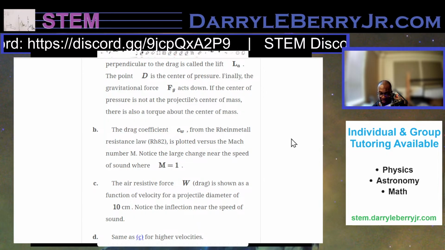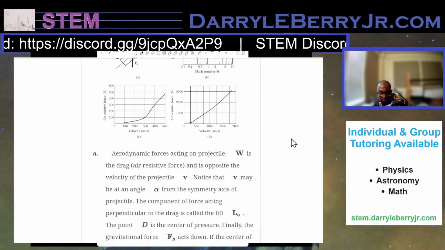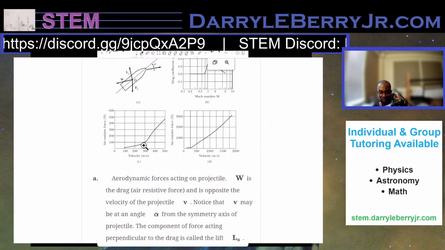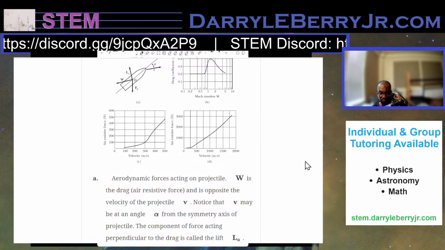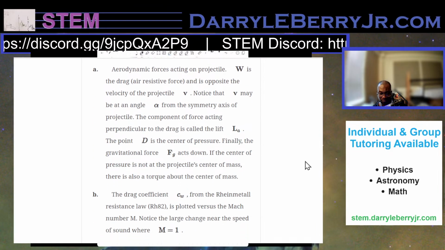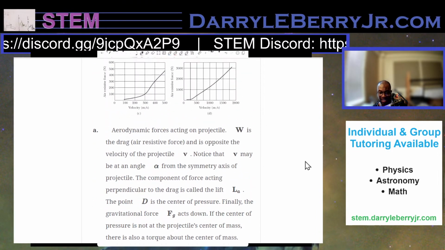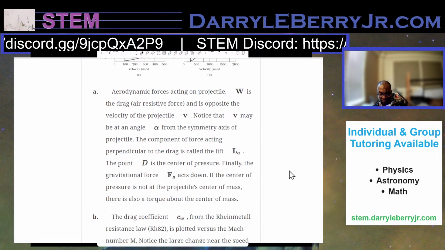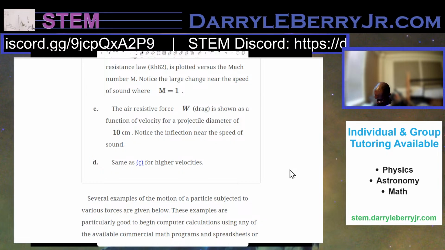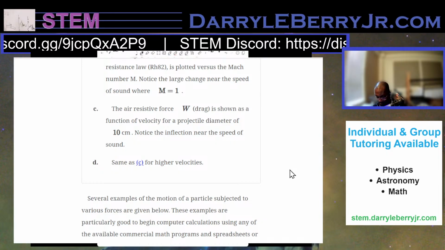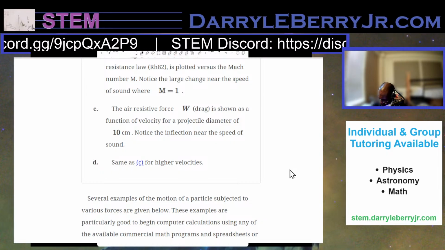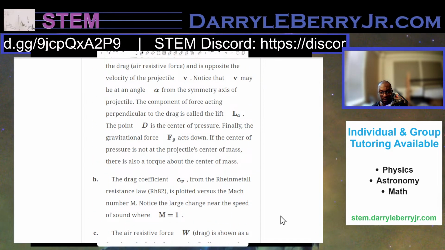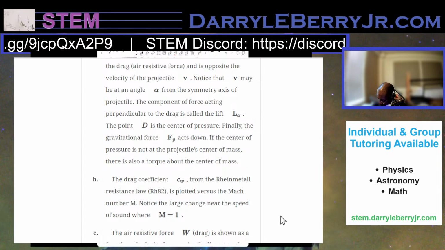Notice the inflection near the speed of sound, right here. Same as C for higher velocities. Notice there's no inflection because it's already greater than the speed of sound. D equals center of pressure.